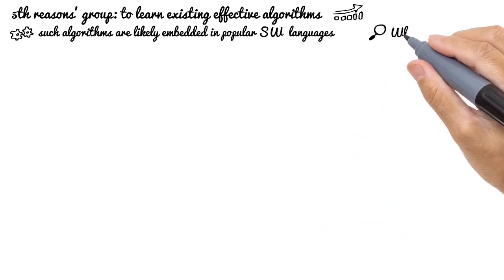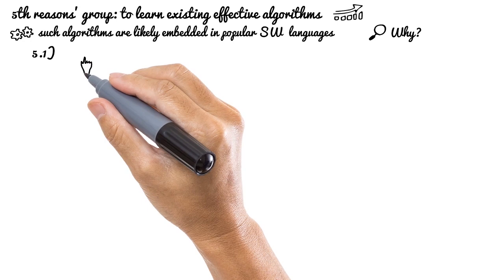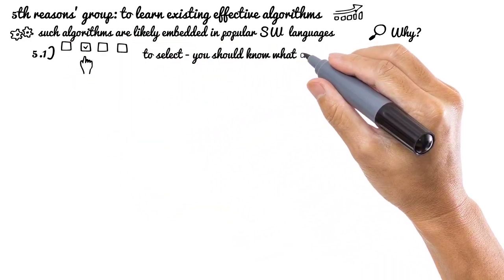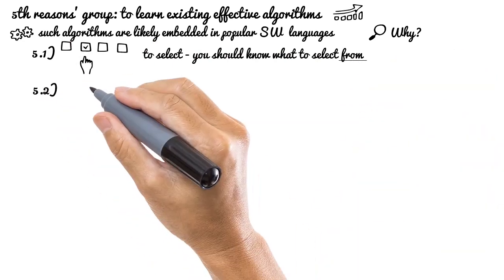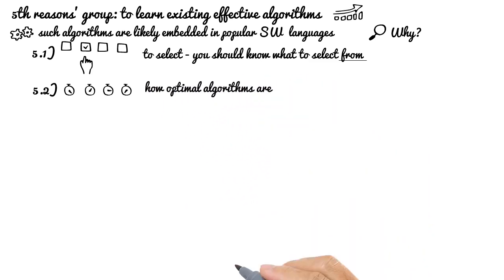Then you may ask a question, why learn them if they are already implemented? First of all, to know what algorithms to select among those implemented, you at least need to know what algorithms exist. Not only the list of most useful algorithms to know, but also how optimal they are in terms of performance and memory use for your particular task.